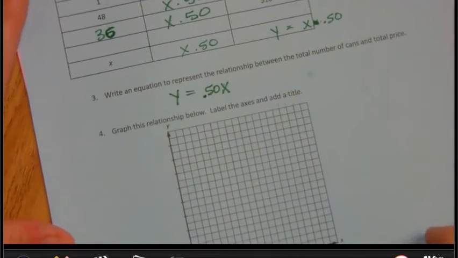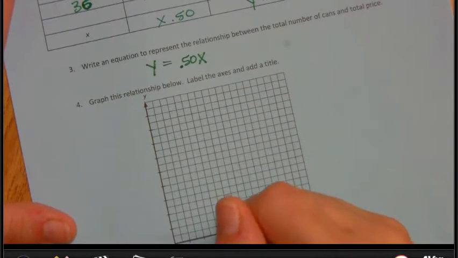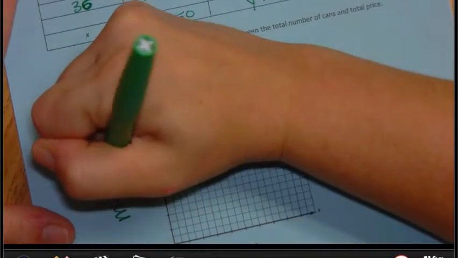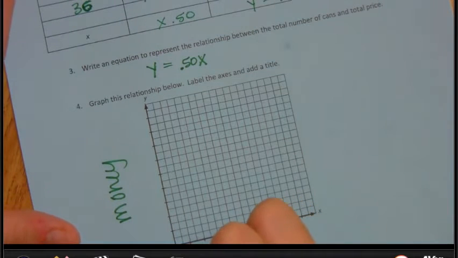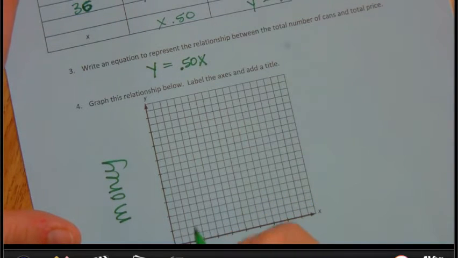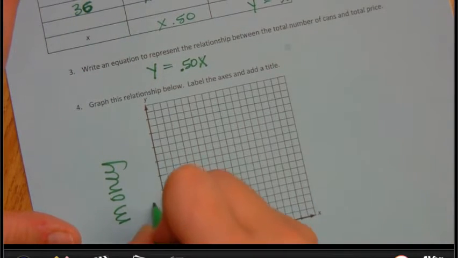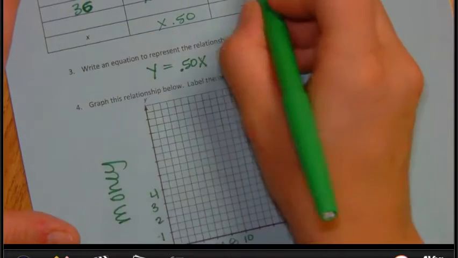Okay. So graph the relationship below and label my axes. I'm going to have cans on the bottom and money on the side. So let's say 2, 4, 6, 8, 10, and 1, 2, 3, 4. If I have two cans, I know that one can is 50 cents.